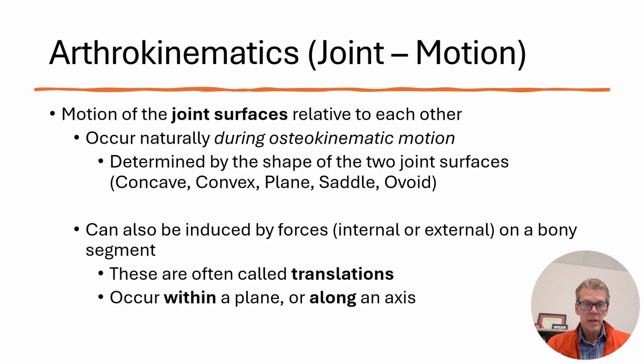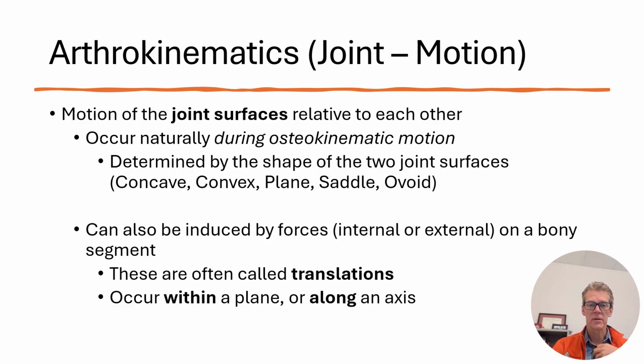These arthrokinematic motions can sometimes be created by forces. So if I push on a segment with an external force, my hands, I can create sliding and gliding at a joint surface. Those are often called translations. Sometimes if you contract a muscle isometrically, you can get a joint to translate a little bit.